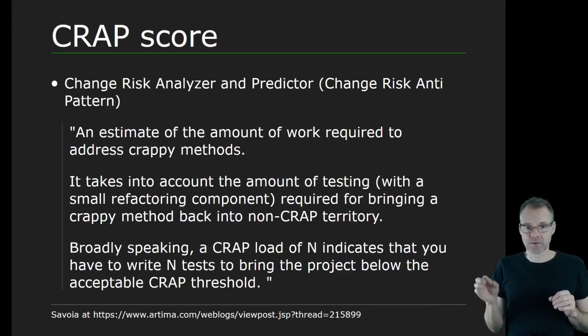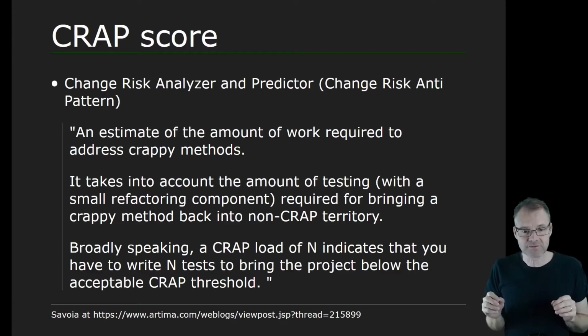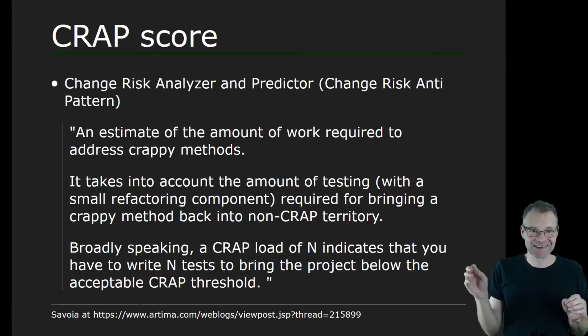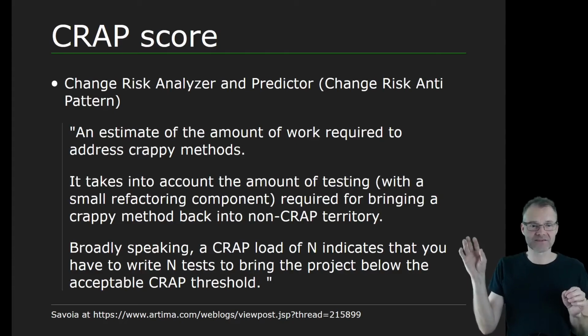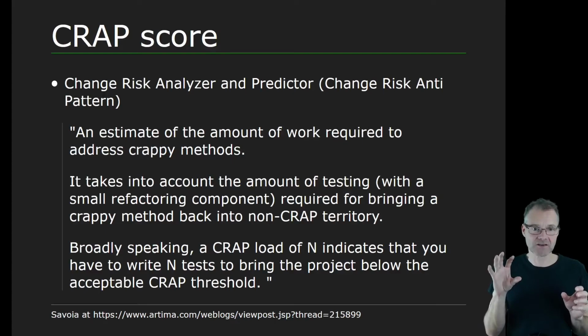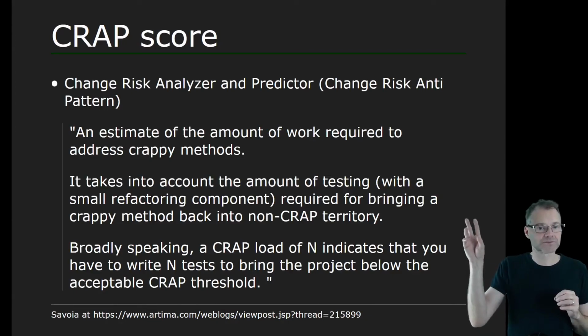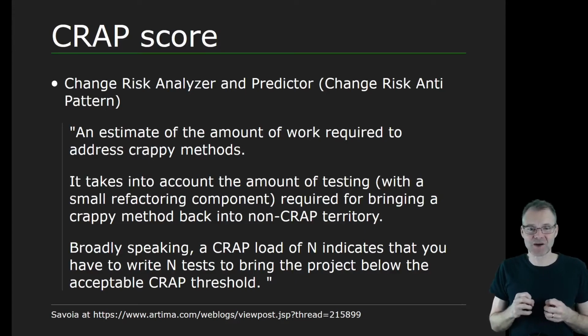The CRAP score, we heard a bit about that before from the scrutinizer here. The CRAP here stands for change risk analyzer and predictor. So it's trying to give us a score on how risky this part of the software is to go into and change, or how much work you need to do to make this crappy method a non-crappy method.